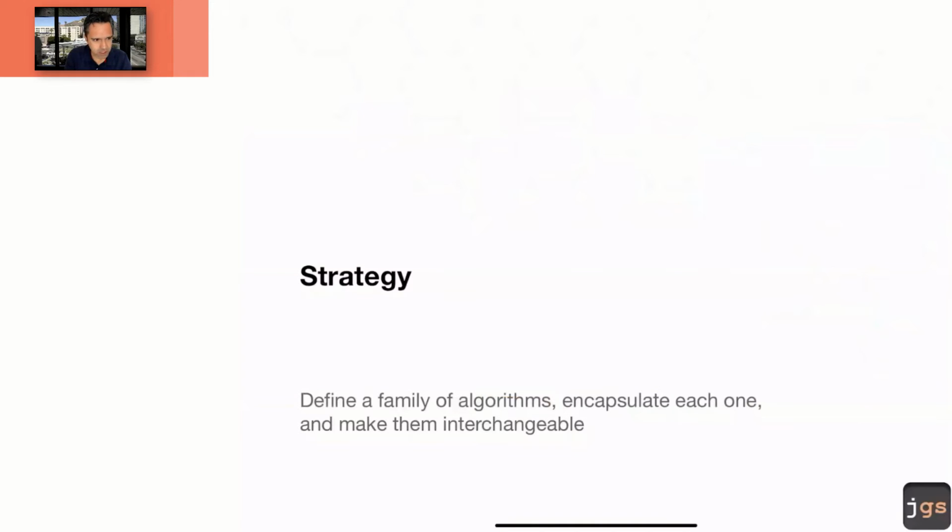What happens if I have a problem, a software, and in order to process some data or in order to do something, there are different ways to process that data? There are different ways to process that something. And instead of having a long list of if-else to validate what to do, or instead of having a hard-coded solution, I would like to define in real time which algorithm is going to be applied.